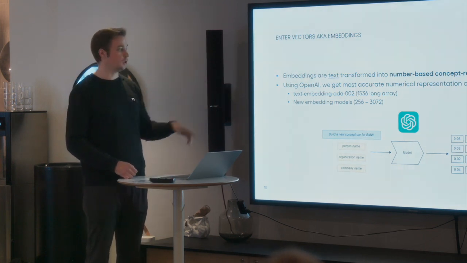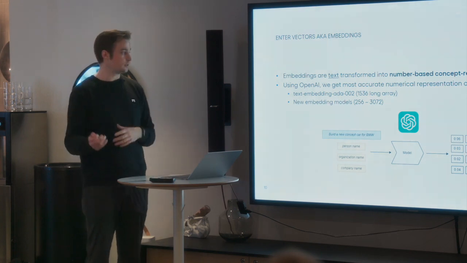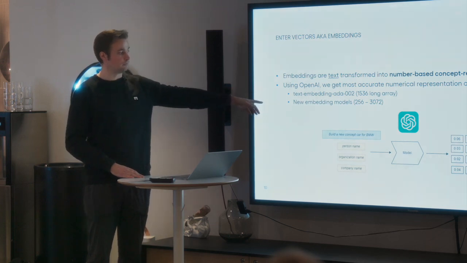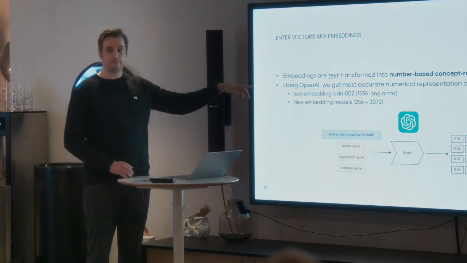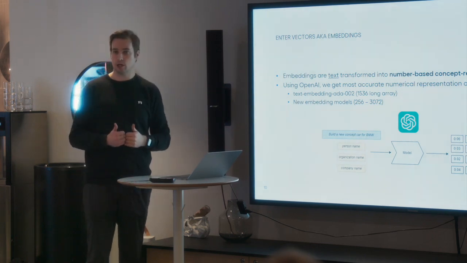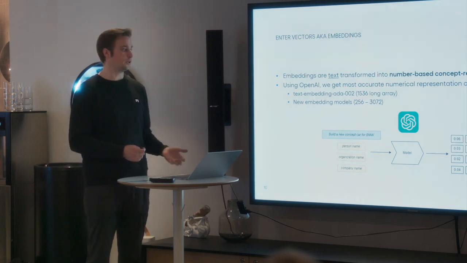So that's quite a bit of data for a single concept or word or sentence. But with these new models, you can put it to even a 256-number-long array, which reduces the data amount a lot and lets you do math a lot quicker.